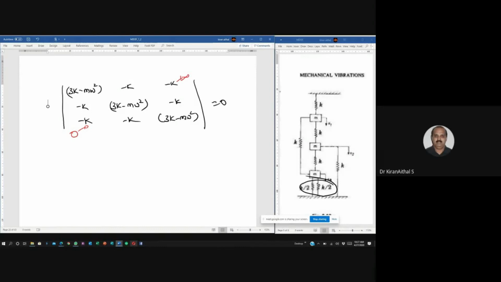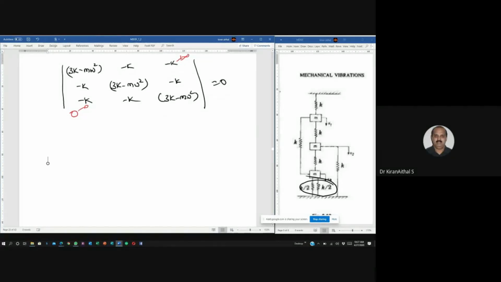But here we can't do that because I don't have a 0 here. So what is the other way around? I will convert this equation into another modified form. Just see here what I'm going to do.